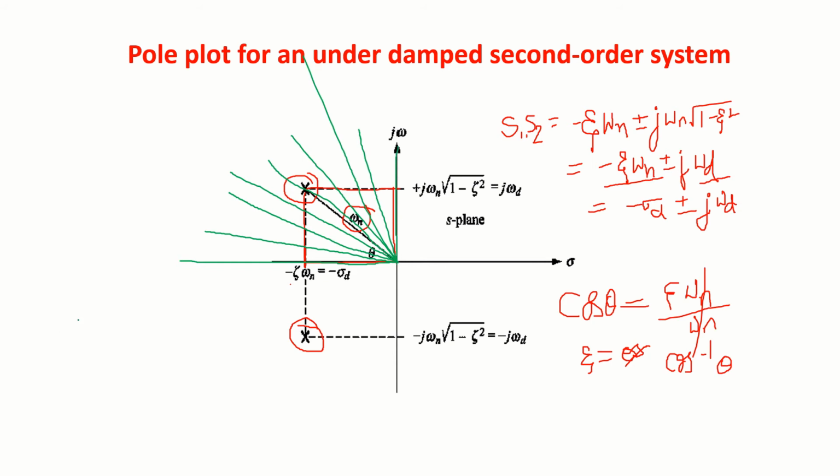So cos 0 is 1. Correct now? So zeta is equal to 1. Zeta is equal to something, maybe 0.1, 0.2, like this. The zeta value decreases, and the zeta value will be here according to this. This is zeta equal to 0. So these are constant zeta lines.